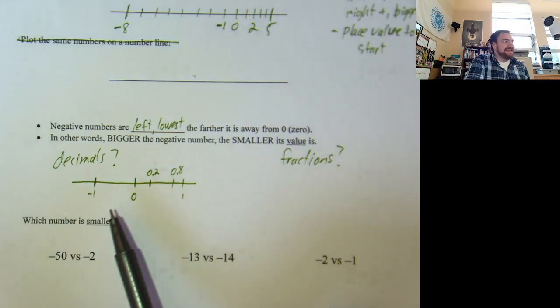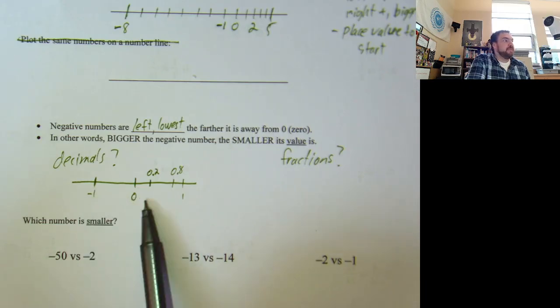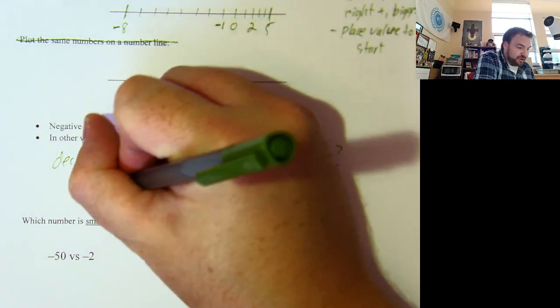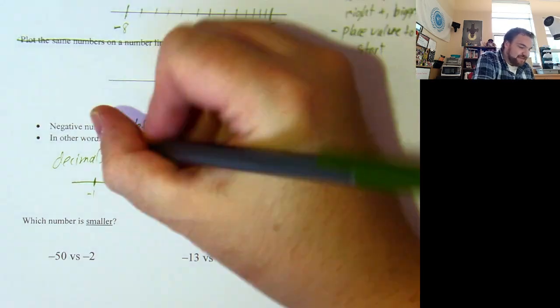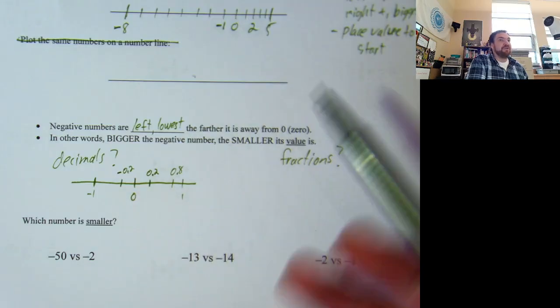If I wanted to place -0.2, where would that go in here? Pevney. Closer to 0. It would be closer to the 0. -0.2. Just like 0.2 is close to 0 on the right-hand side, -0.2 would be closer on the left-hand side. It mirrors it.